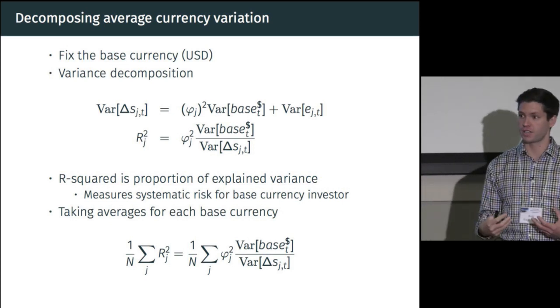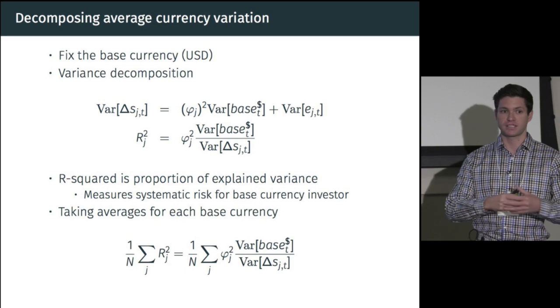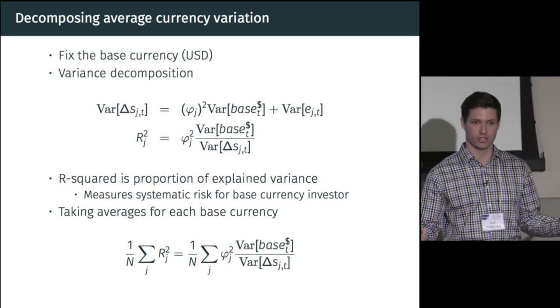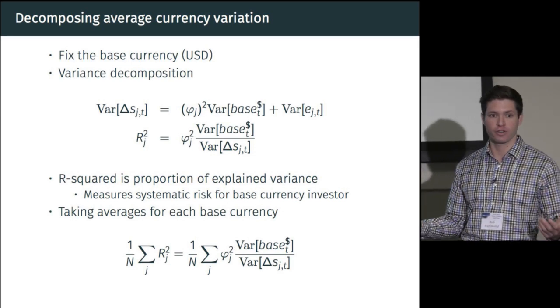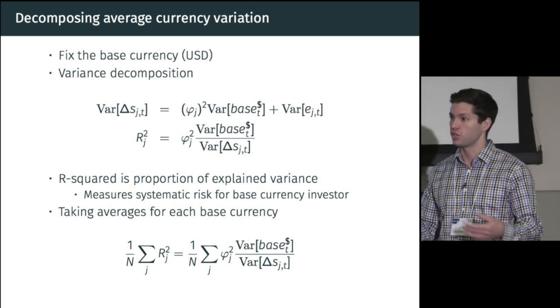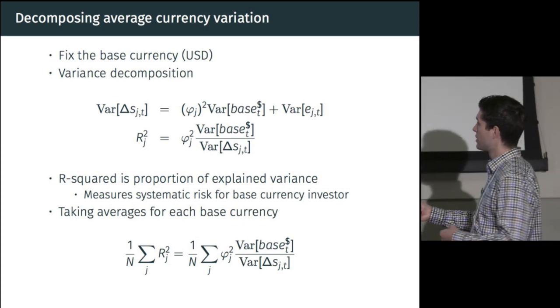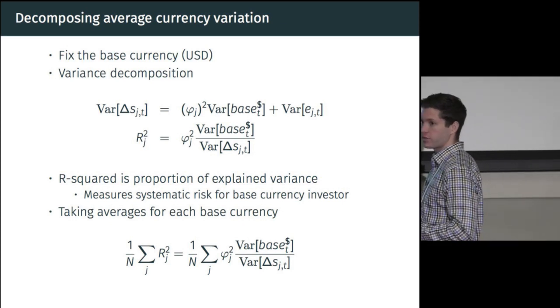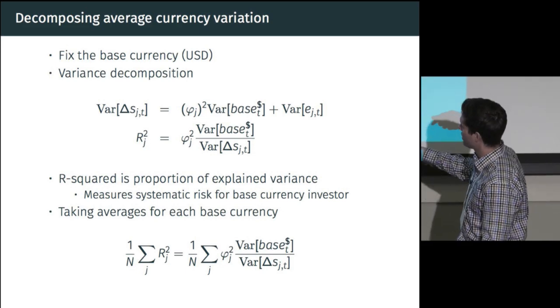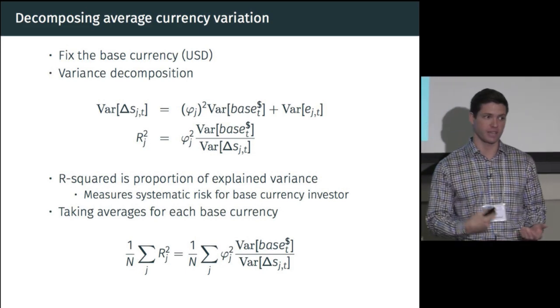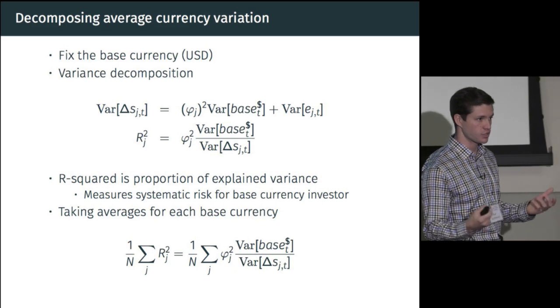Well, for a US-based investor, we could just look at the entire basket of exchange rates and average over this R-squared. See the average amount of systematic risk that a US dollar investor faces on their basket of foreign currencies. This will just be the average of the R-squared for some base currency across all of these regressions.